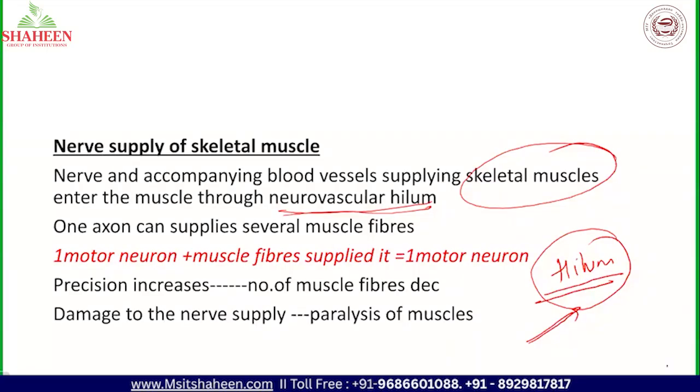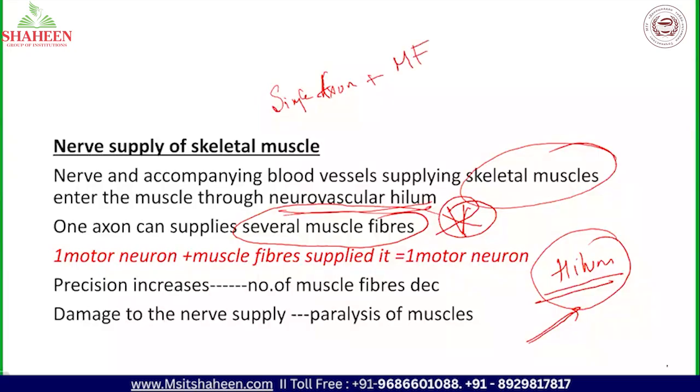One axon can supply several muscle fibers. That is the important point. You already know about the axon, right? A single axon can supply several muscle fibers. A single axon together with the muscle fibers supplied by that axon is known as one motor neuron.